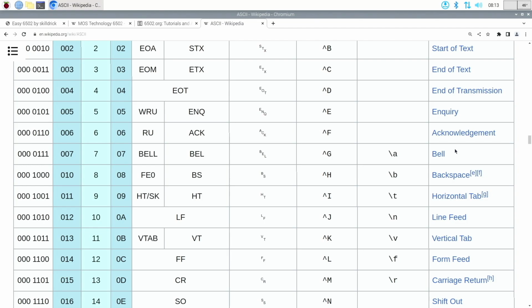So you could automate that process. So we've got the bell, the line feed, the carriage return, and things like start of text and end of transmission. Those are all characters.